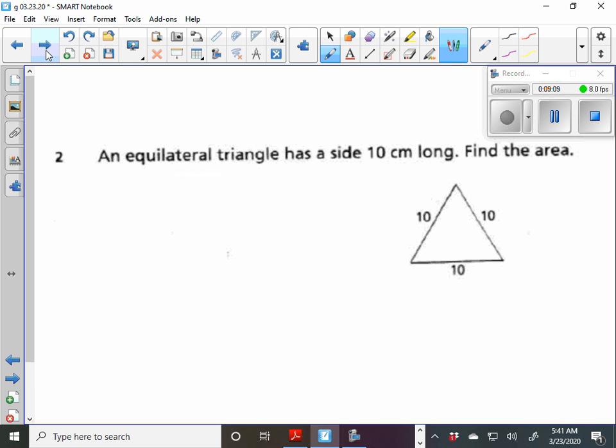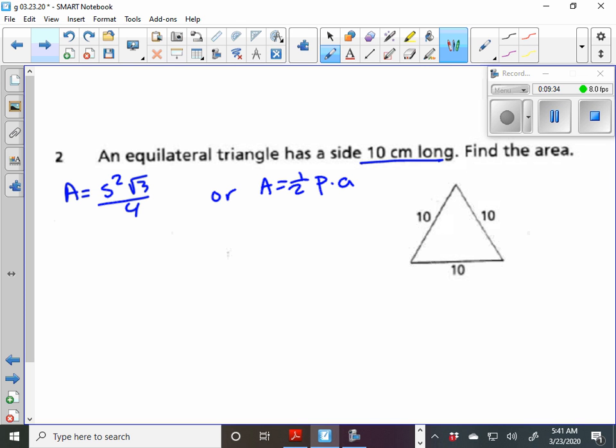An equilateral triangle has a side of 10. Find the area. Well, we've got 2 ways of doing this. One, area equals side squared root 3 over 4, or area equals 1/2 perimeter times apothem. Well, let's do both of them.